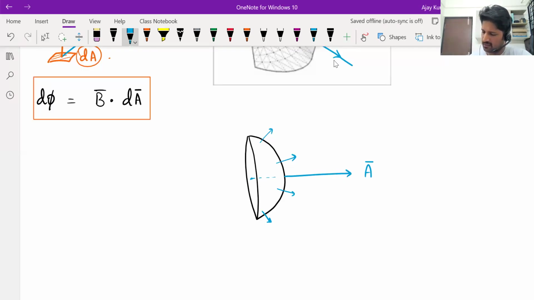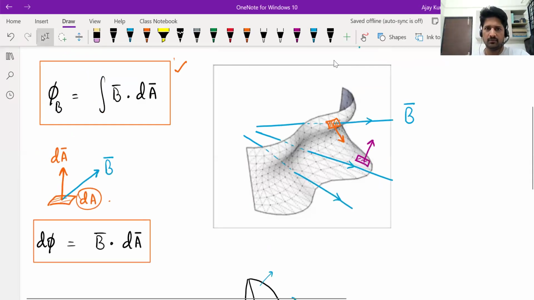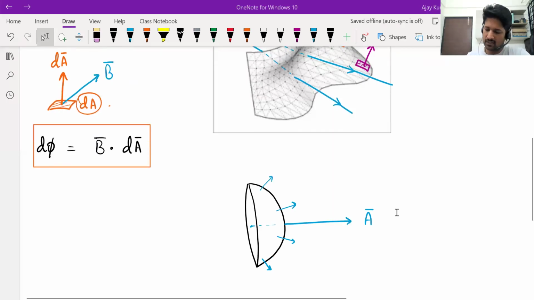You can assign an area vector to that. In some cases you will be able to, but in some cases you may not. Someone is saying if we take a surface integral, yeah, if you take the integral, you can solve. I'm just explaining when we can avoid the integral.